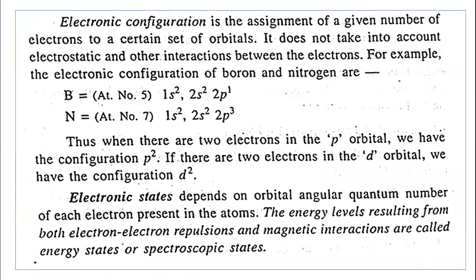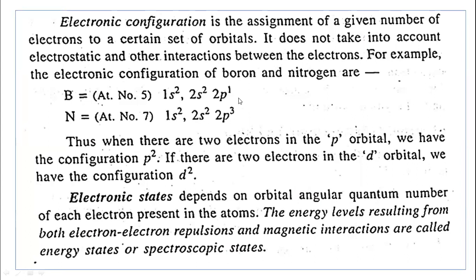Electronic configuration is the assignment of a given number of electrons to a certain set of orbitals, but it does not take into account electrostatic and other interactions. Generally, in the electronic configuration, we just fill the electrons in the orbitals. For example, boron, atomic number 5. The electronic configuration is 1s2, 2s2, 2p1, very simple.